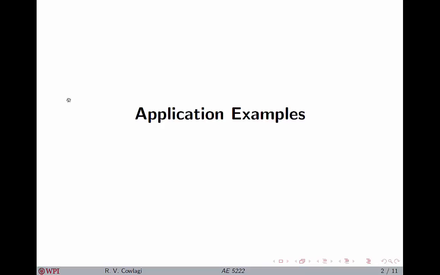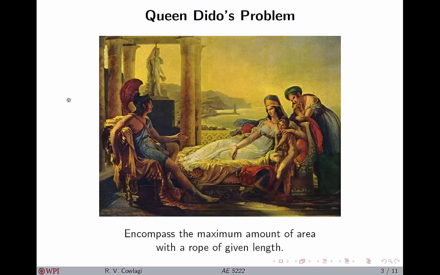Let's look at this first example, what's known as the Queen Dido problem, also known as the isoperimetric problem.